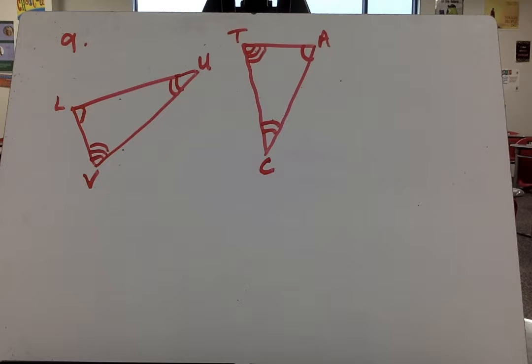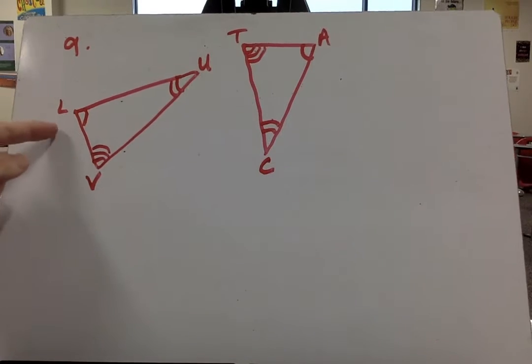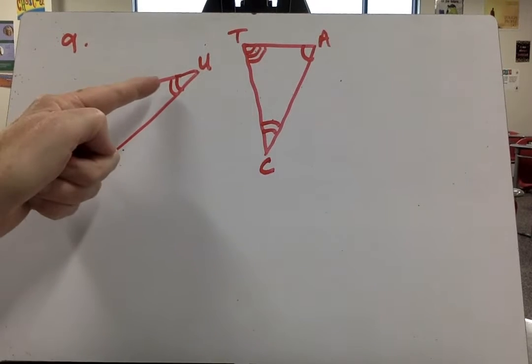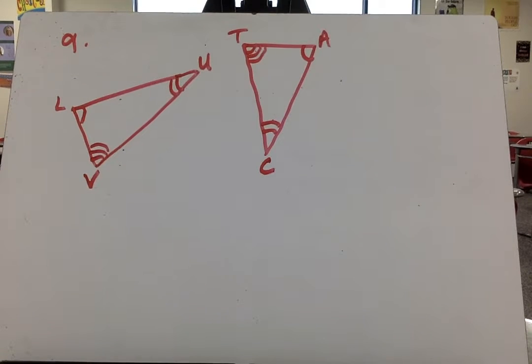Hello students, this is a continuation of chapter 12 wrap-up, number 9 on page 261, where we have these two angles here. Now, we have this angle congruent to that one, this one's congruent to that one, and U is congruent to C. So, can we prove the congruence?